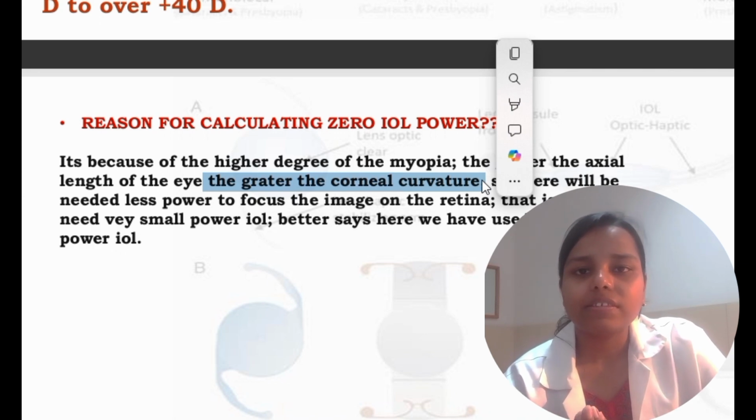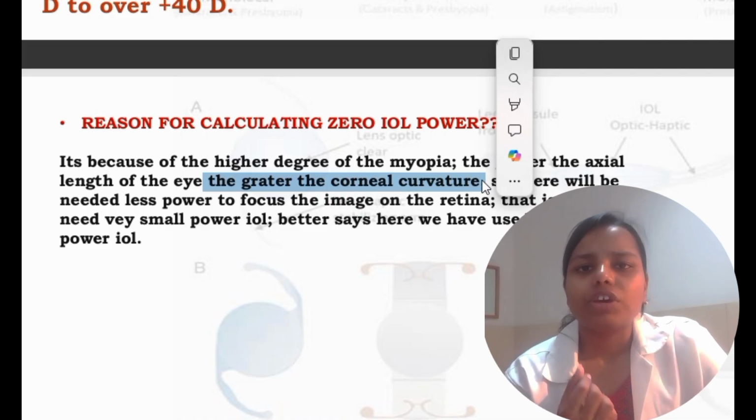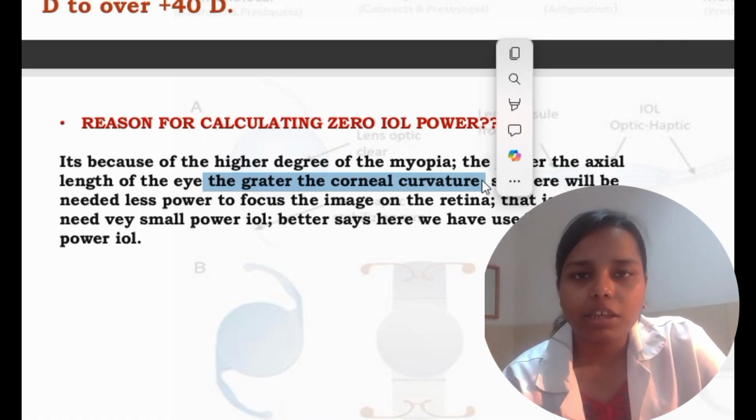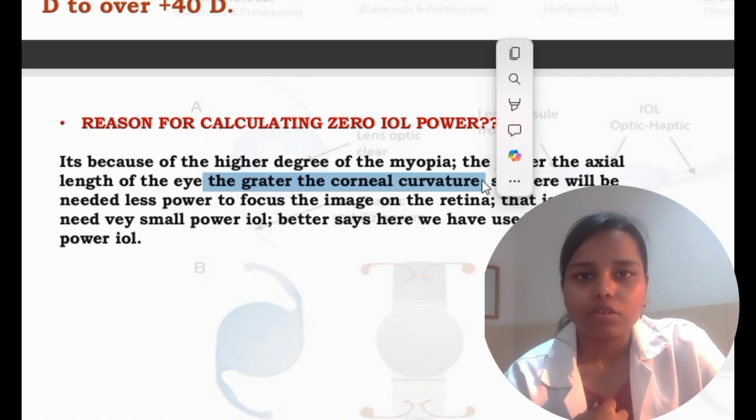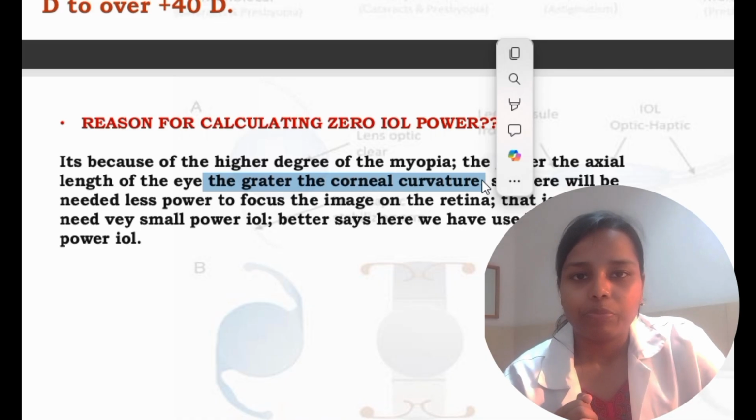Because the crystalline lens has almost 12 to 15 diopters of power of the total refractive power of the eye, right? So if the patient doesn't need any power, then why are we putting that lens? No need to put that lens. So we can make that patient aphakic. After aphakia also, the light rays will be focusing on the retina, right? Anyone can ask this question.